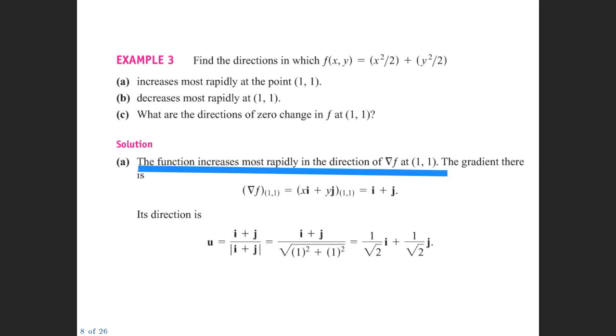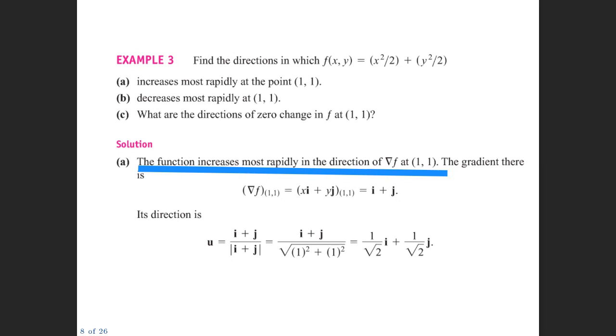First, the book says the function increases most rapidly in the direction of nabla f at the point 1, 1. So to answer this question, we calculate the gradient at the point 1, 1, and then we find a unit vector pointing in that direction.